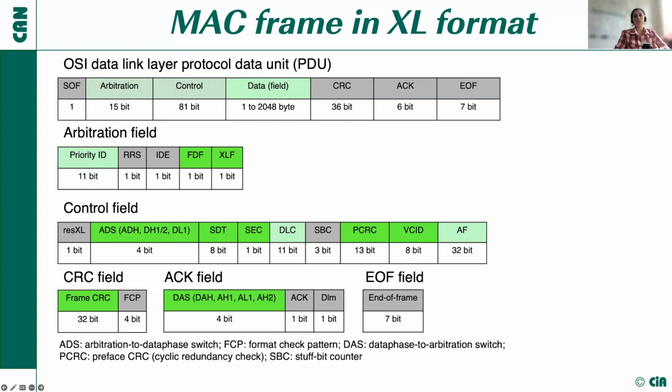And these CRCs are cascaded. It means that FCRC protects also the PCRC. And both CRCs together are able to detect any 5 randomly distributed bit errors, and it corresponds to a Hamming distance of 6.